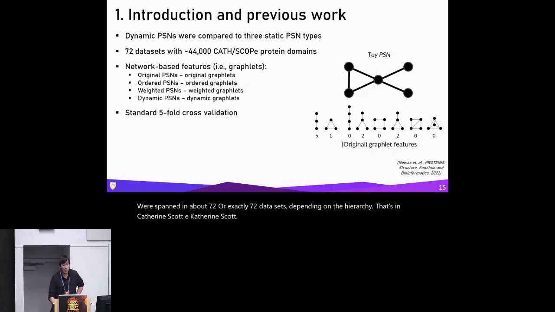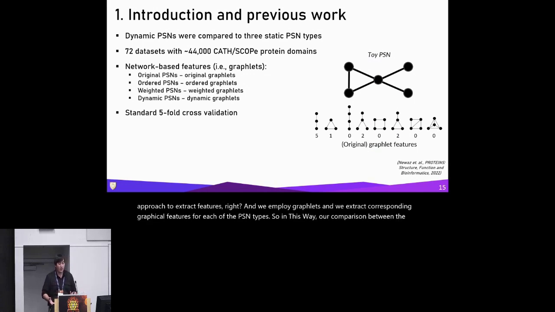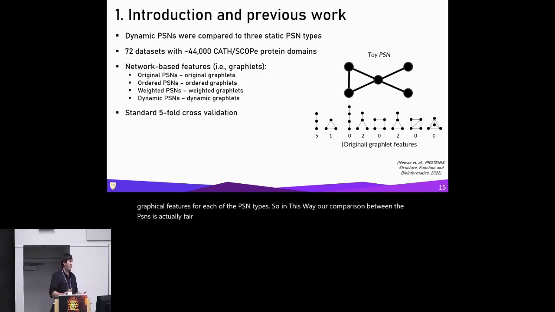And because our lab worked with a network-based model, we can utilize a network-based approach to extract features, right? We employ graphlets, and we extract corresponding graphlet features for each of the PSN types. So in this way, our comparison between the PSNs is fair, because any potential differences that might arise between these PSN types will be due just to the PSN characteristics rather than their features.